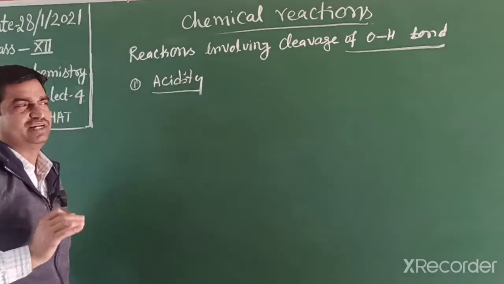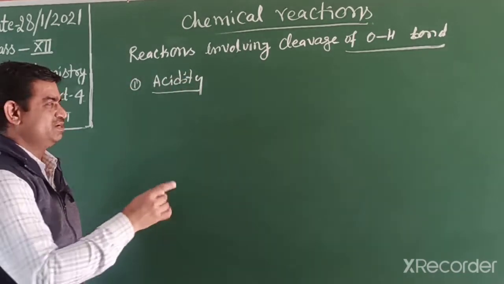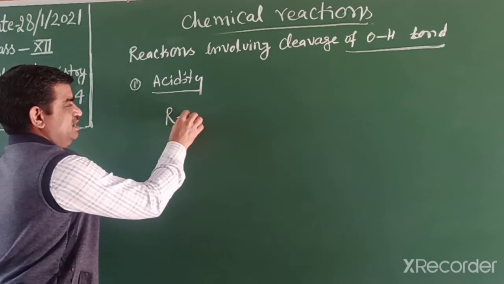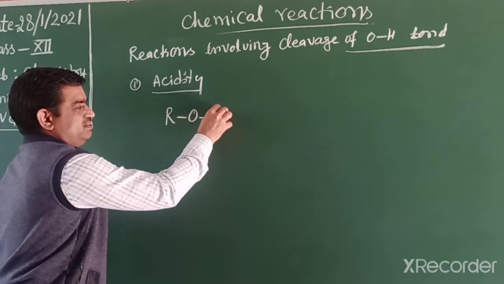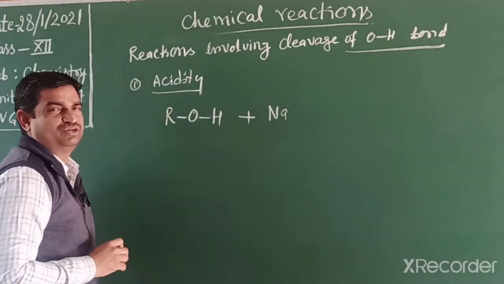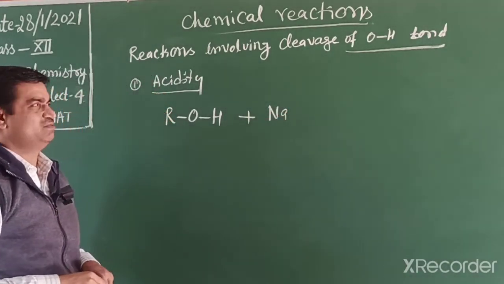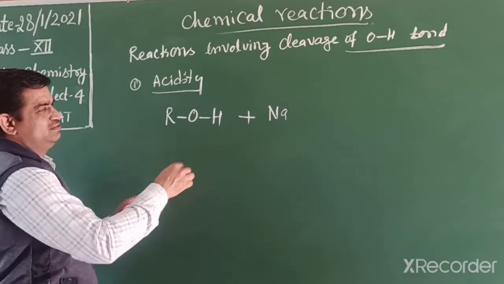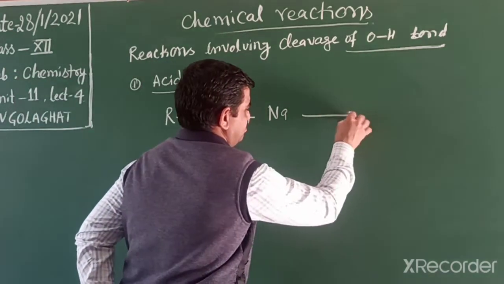Means alcohols are acidic. Why? How can we explain? When alcohol reacts with sodium metal or aluminum metal, a highly reactive metal, then what happens? They release hydrogen gas.